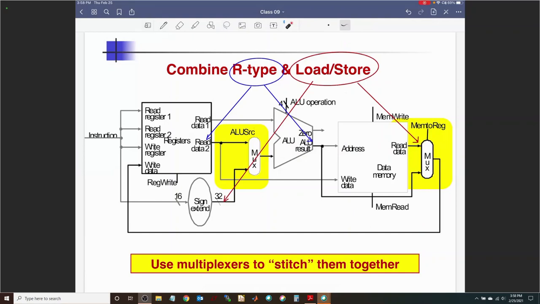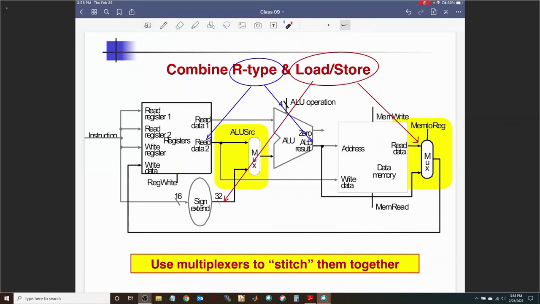You see that? So that literally is only for the load instruction, right? So when you're loading the instruction, load word, you read from memory and then you go to the register file. Doesn't apply for store word, it only applies for load word.